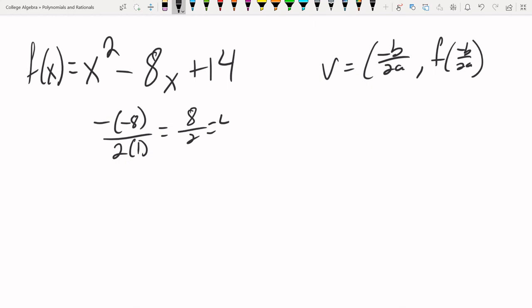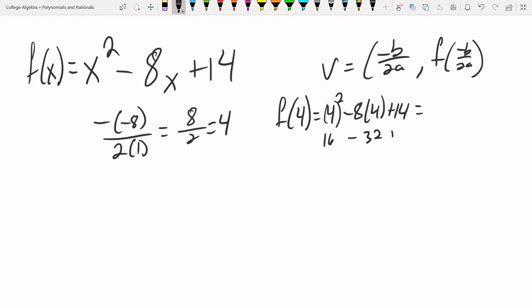We have 8 over 2, which is going to be 4. Then f of 4 gives us 4 squared minus 8 times 4 plus 14. 4 squared is 16 minus 32 plus 14. That gives us negative 2, I believe. Yeah. The vertex for this is going to be at 4, negative 2, which means our axis of symmetry is going to be x equal to 4. It's always the same thing as the x coordinate of the vertex.